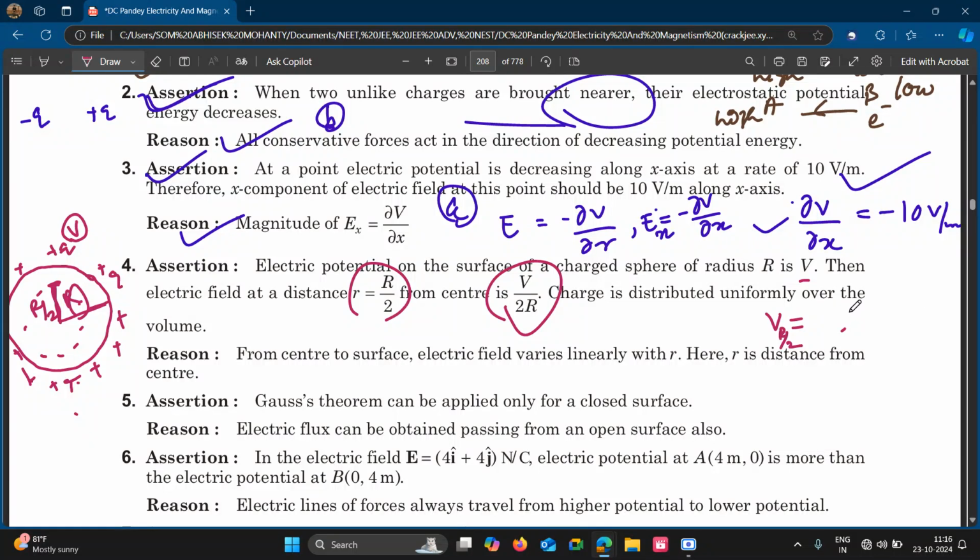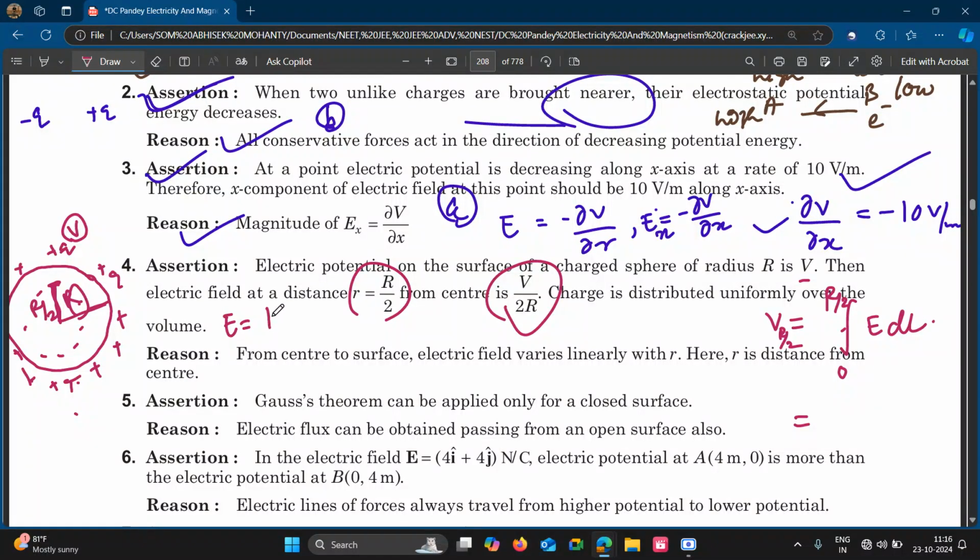Okay, so 0 to R by 2, this is E dot dl. E dl. Now how much is the electric field? Charge is distributed uniformly over the volume.